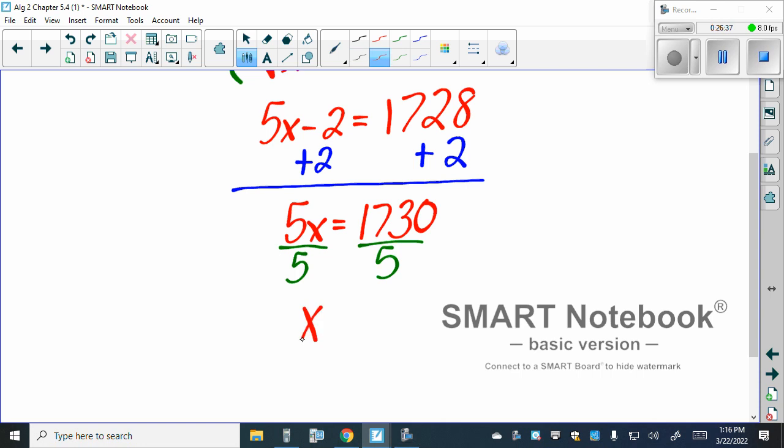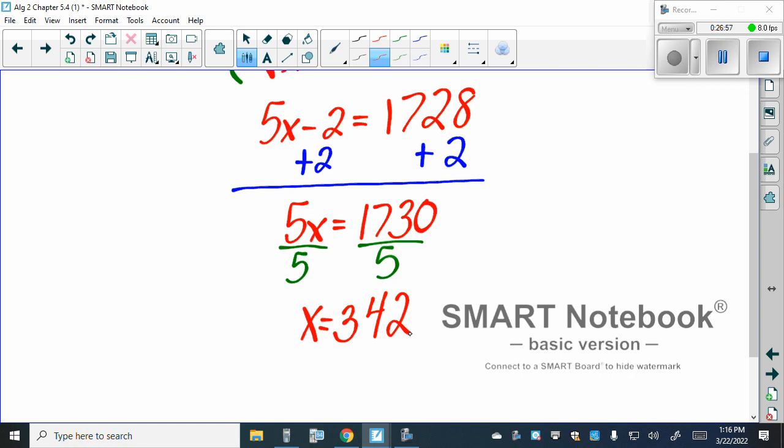telling us that x is equal to, 5 goes into 17 three times, 15, subtract, 23, 4 times, 20, and then 30.